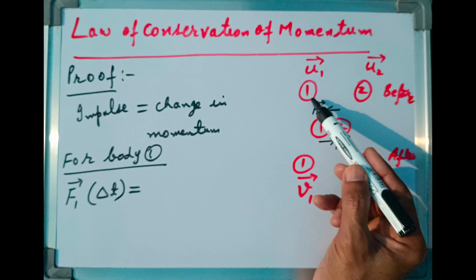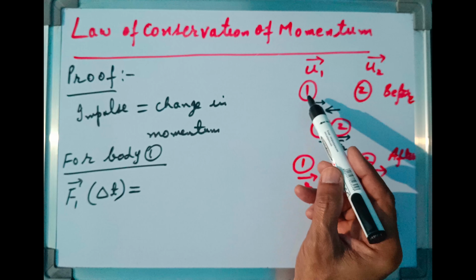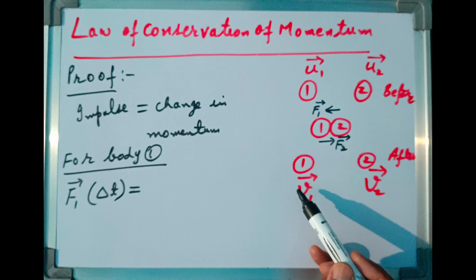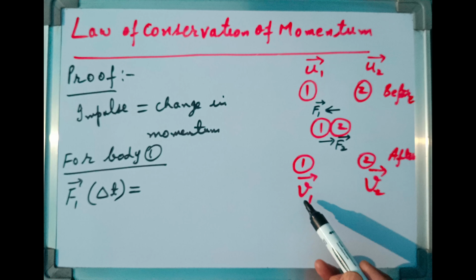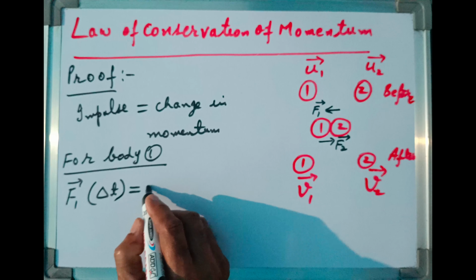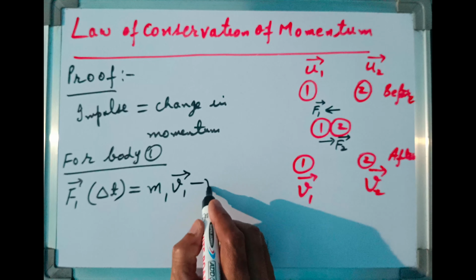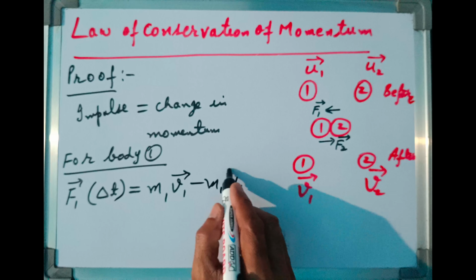What is the change in momentum of the first body? Initially its momentum is m1 u1 vector. After collision, its momentum becomes m1 v1 vector. So change in momentum is m1 v1 vector minus m1 u1 vector.